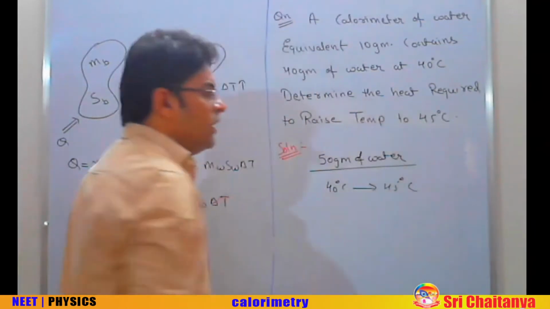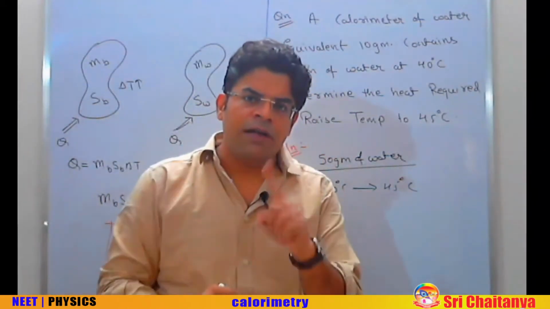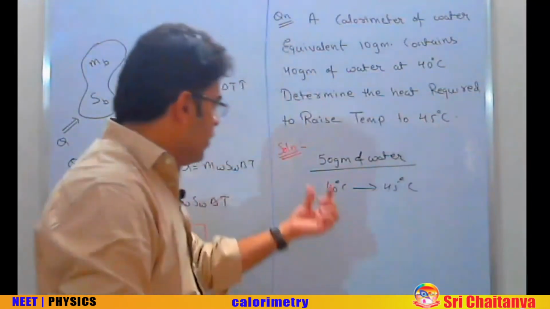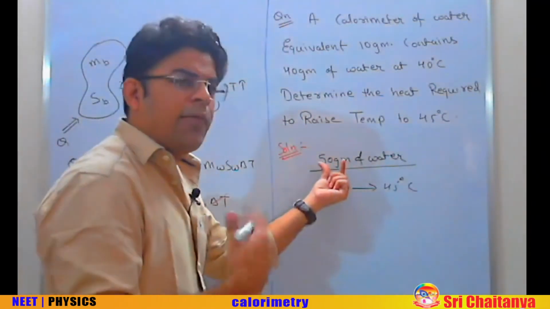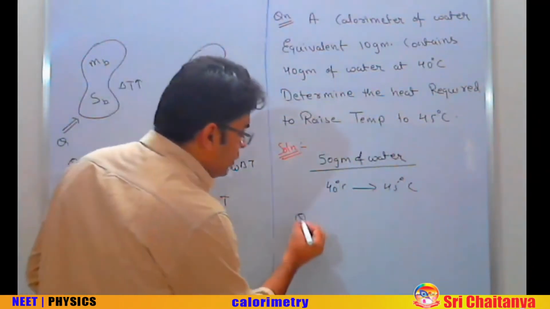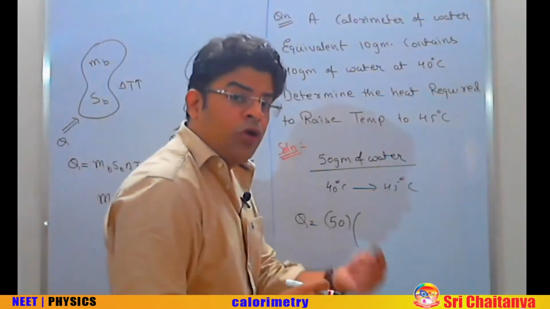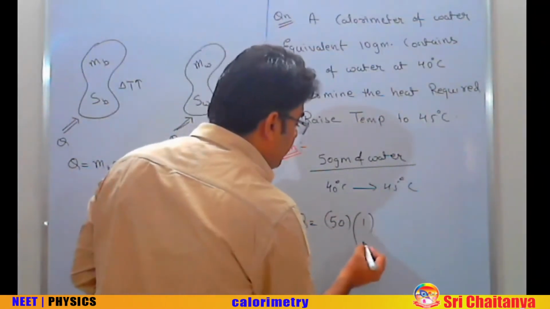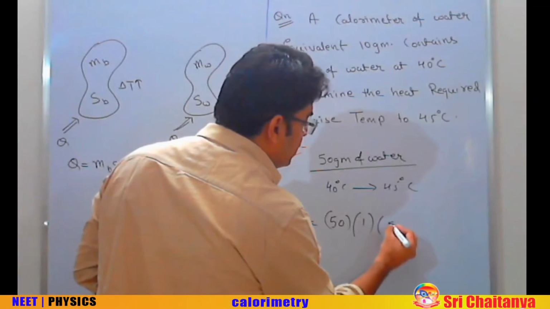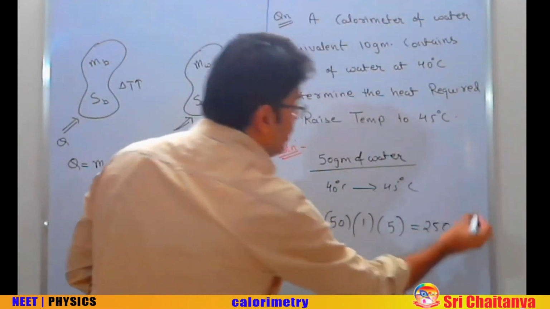We have just learned the amount of heat required to raise the temperature of 1 gram of water by 1 degree centigrade is 1 calorie. So to increase the temperature of 50 gram of water by 5 degrees centigrade, how much heat will be required? m s delta T, with specific heat in calorie per gram per degree centigrade being 1, into delta T, that is 5. From 40 to 45, 5. So you get simply 250 calorie.